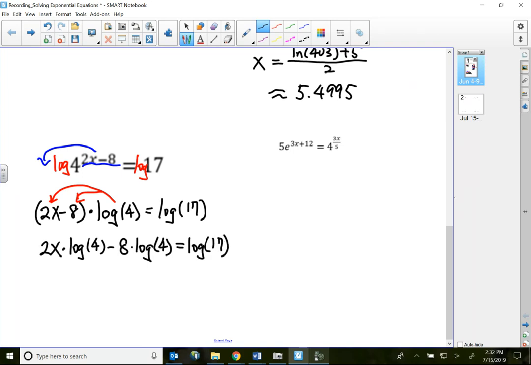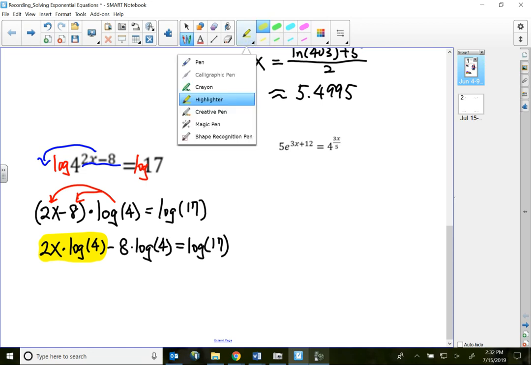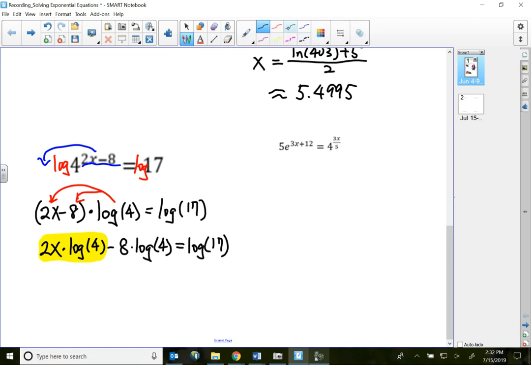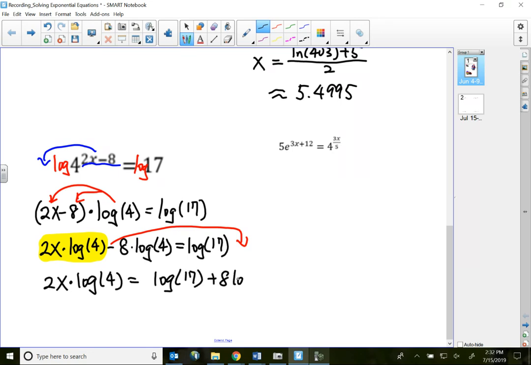All right, so now I got three terms. My variable term is the term that contains the variable, which is 2x times log of 4. Since I only got one variable term, I'm going to move my negative 8 times log of 4 to the other side. So I get 2x times log of 4 is equal to log of 17 plus 8 times log of 4.